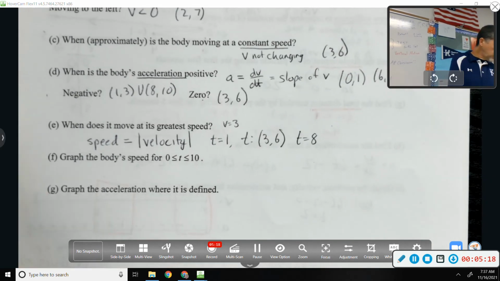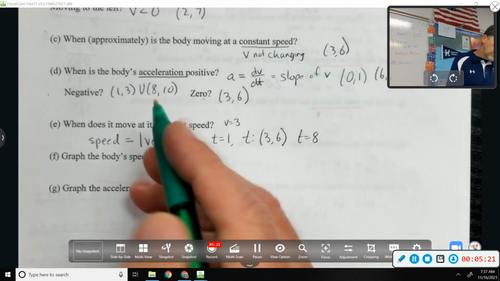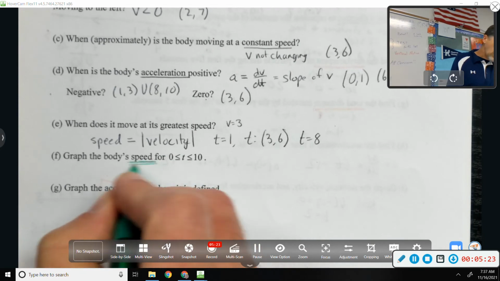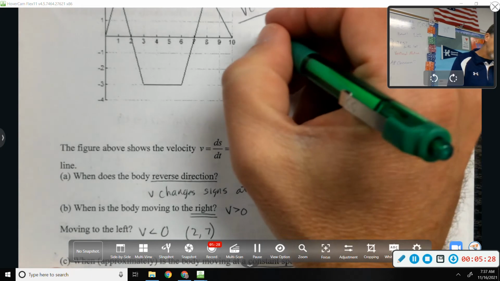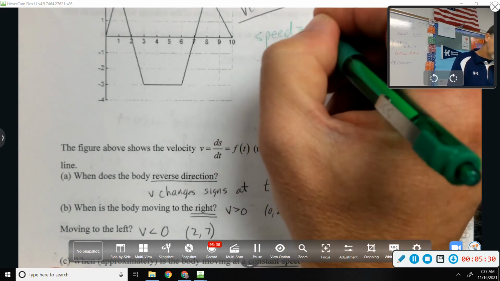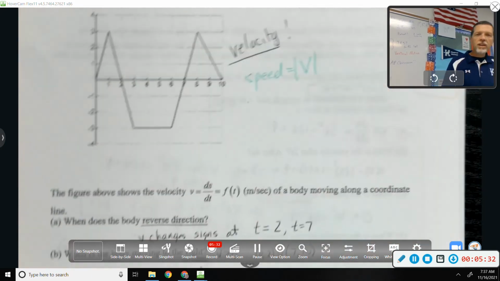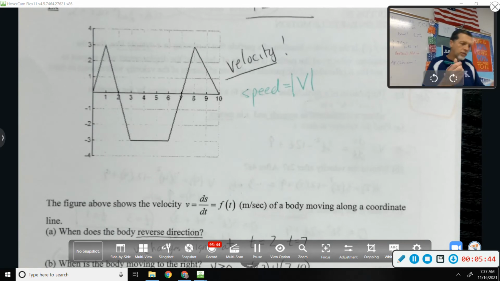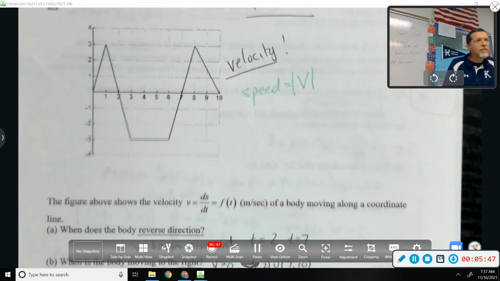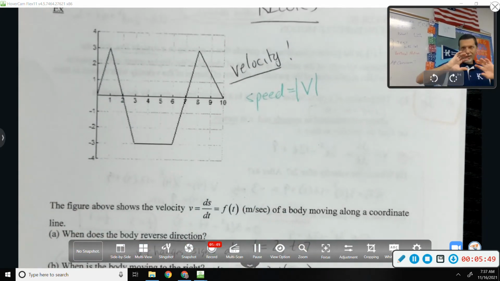Graph the body's speed for 0 to 10. So I'm going to graph it on the same graph. I'm going to use green for speed here. So if speed is the absolute value of velocity, then what am I going to do to make a graph of speed? It needs to not go negative. So what do I do with this negative stuff down here? Flip it over and make it go to the top.